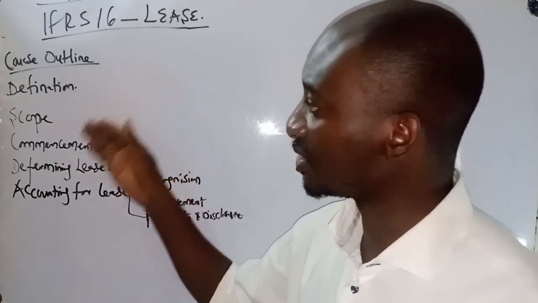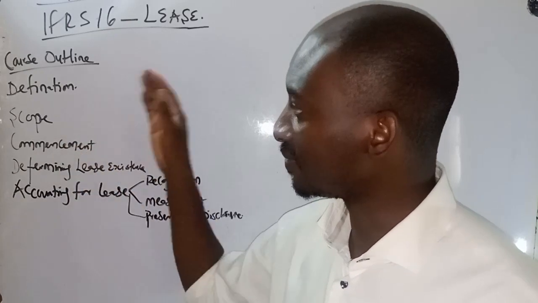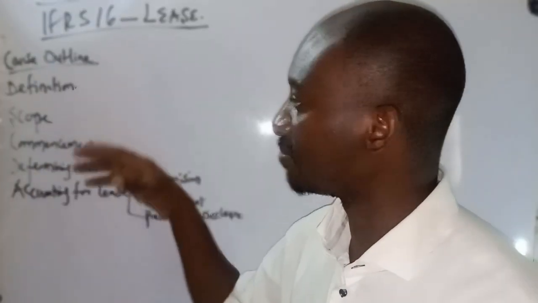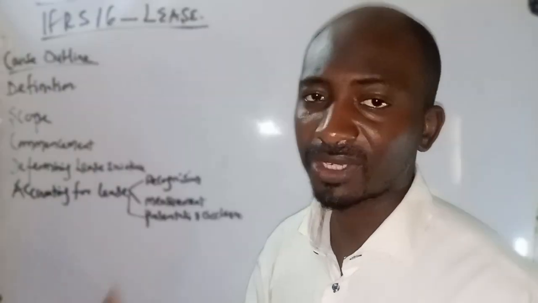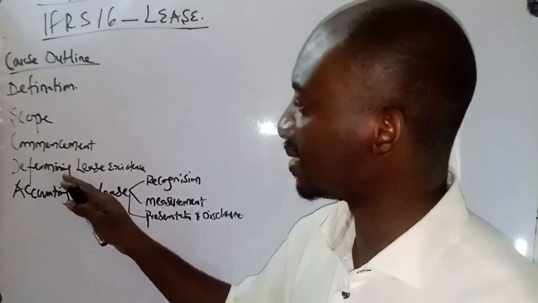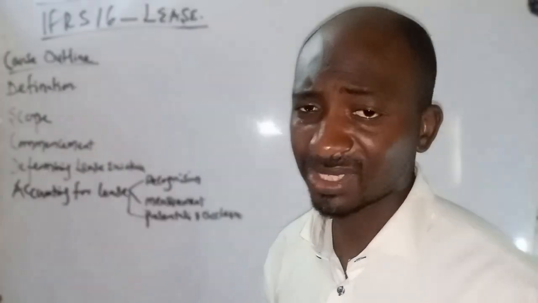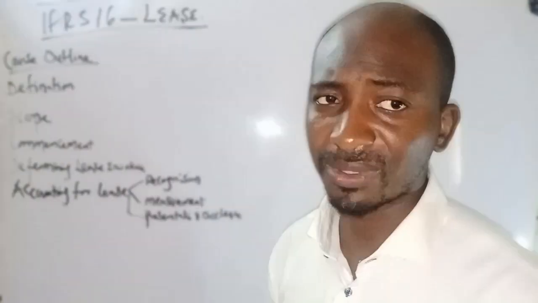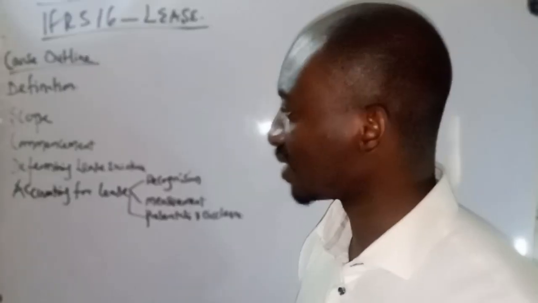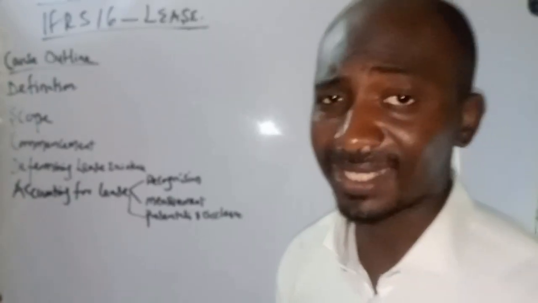So we have definitions and the scope. The definition talks about what it is all about. The scope talks about the coverage, where it can be used. The commencement: how do you recognize when a lease agreement begins, as well as determining the lease existence. If there is a lease existence, what do you do? So please join me as I run you through this very wonderful standard.